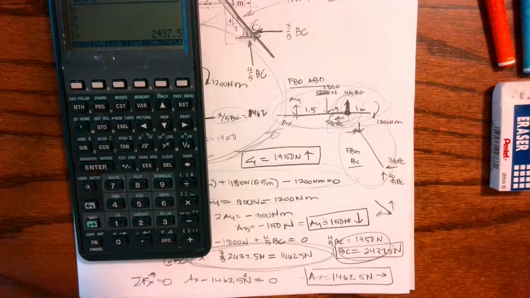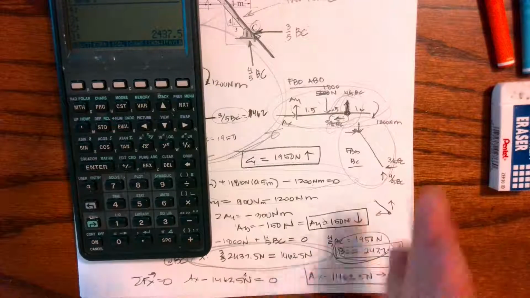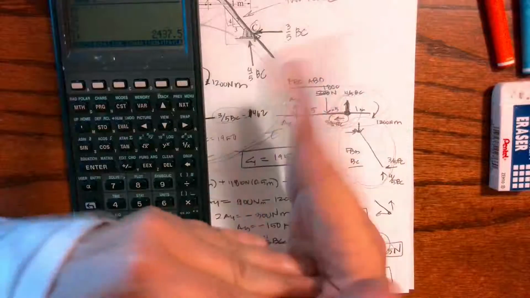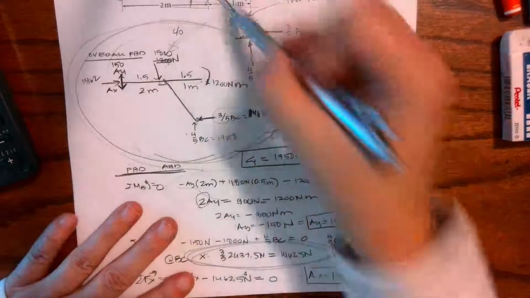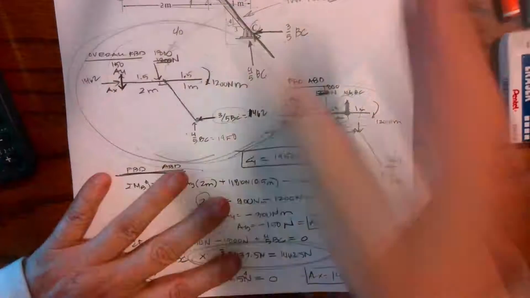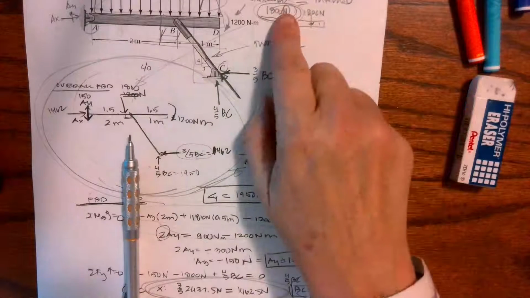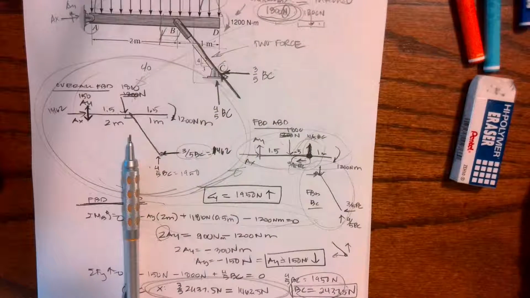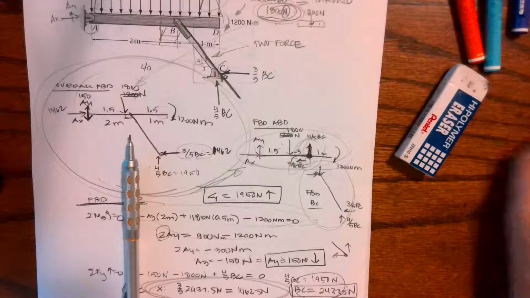That's the magnitude of that vector. And that's why we spend so much time at the beginning of the semester breaking vectors into X and Y and trying to understand the X and Y components, because really this is just a vector. It's a vector that is a strut in this figure holding everything up. So I hope I didn't confuse you too much with going from 1800 to 1200, but I knew something was wrong. And I would have found out at the end when I went back and made sure my work made sense.